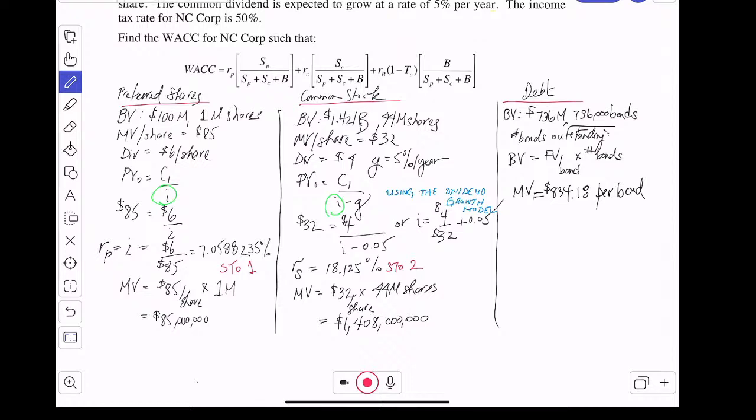You're also told that the interest paid is equal to $72 million. So how does that help me?